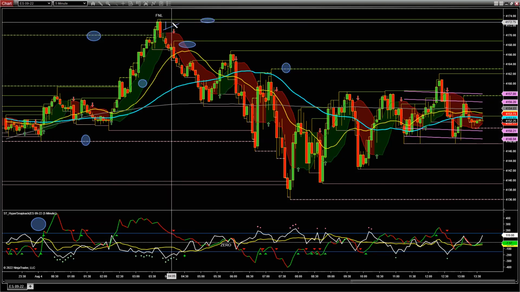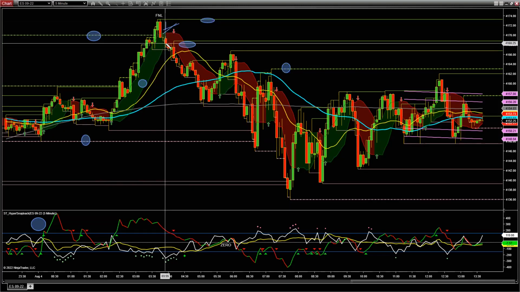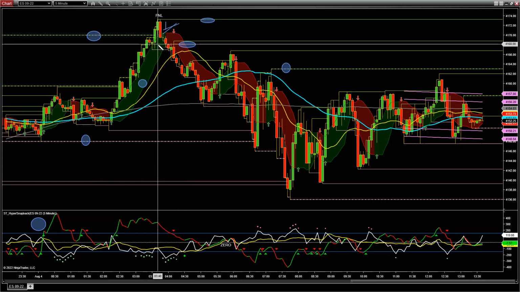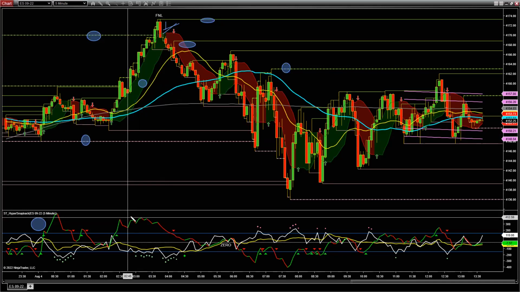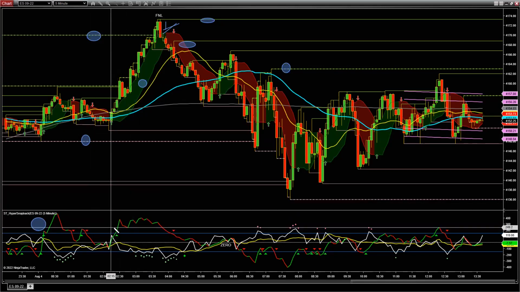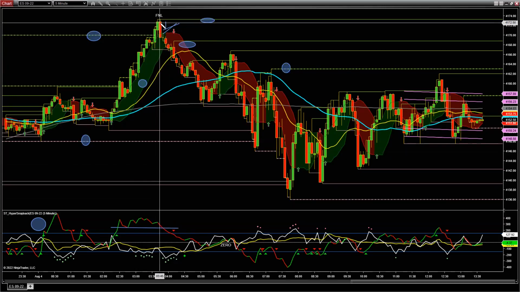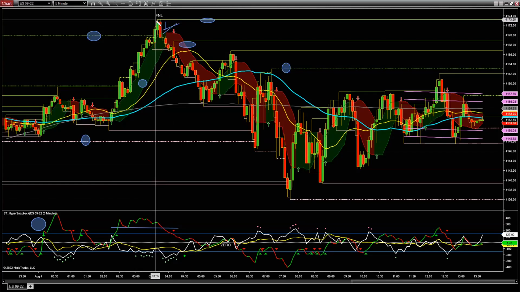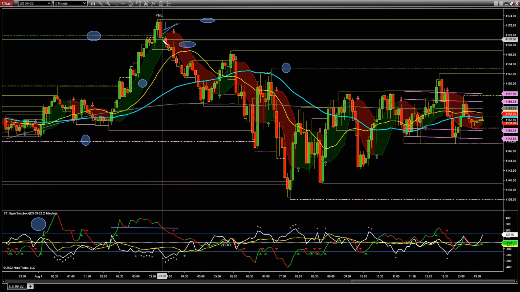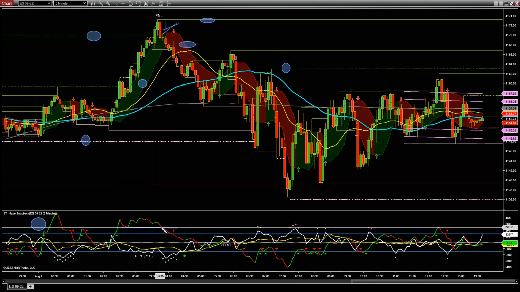So as it fails, let's say on the second bar, your momentum is still green. We're in a buy zone here on our hyper snapback line. However, on this bar that's failing, the previous green bar, our hyper snapback line turns red.